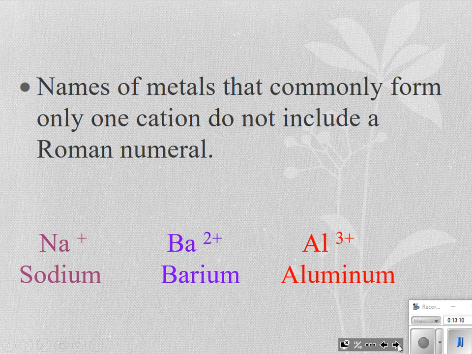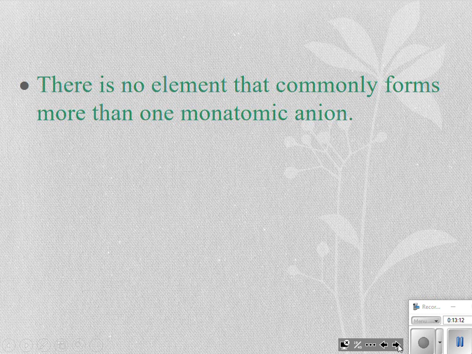The reason is right here, folks. There is no element that commonly forms more than one monoatomic anion. Now, you looked at chlorine there. Did chlorine have multiple oxidation states?